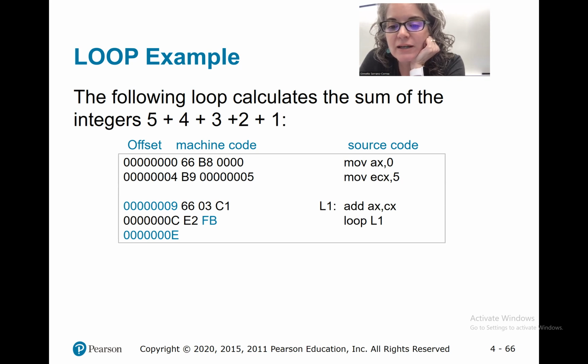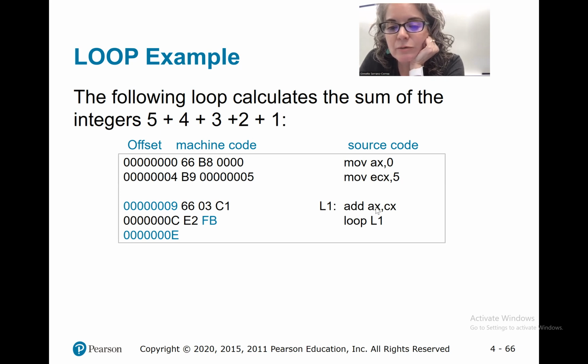We go down. 2 is not equal to 0. So now we add the 2 to our accumulator. And then our ECX gets decreased one more time to 1. 1 is not equal to 0.